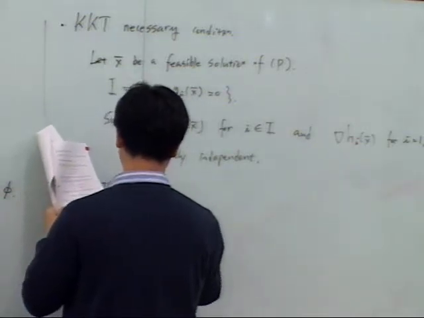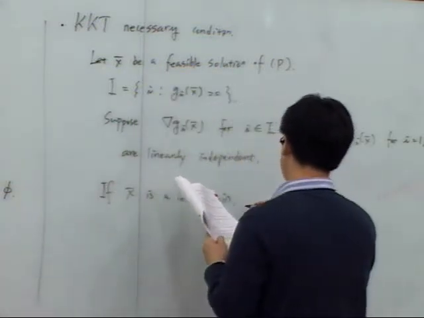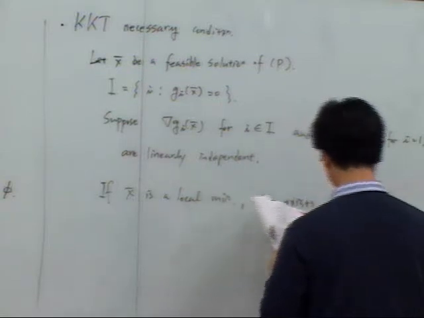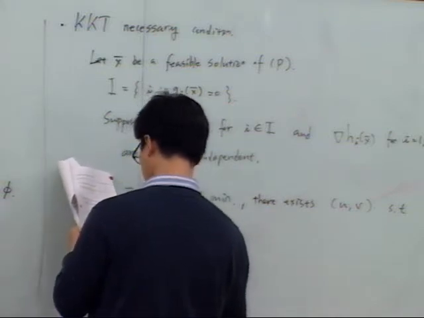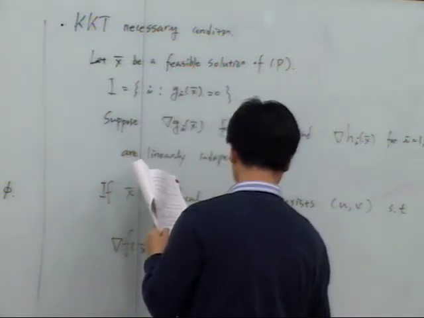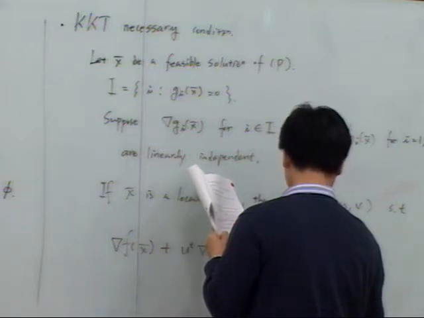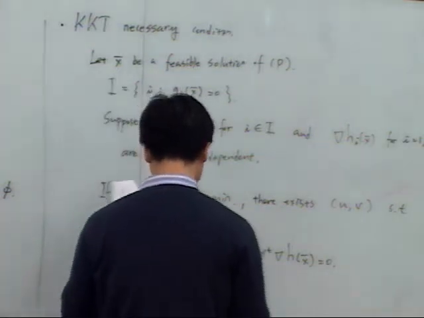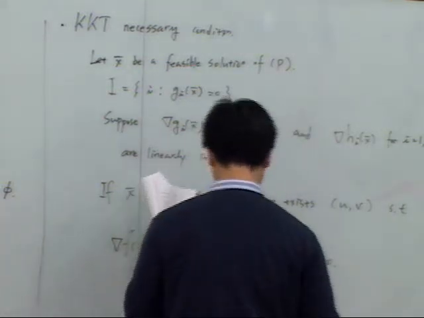Then if x bar is a local minimum, there exists u, v such that u is non-negative and u_i g_i is 0 for all i.